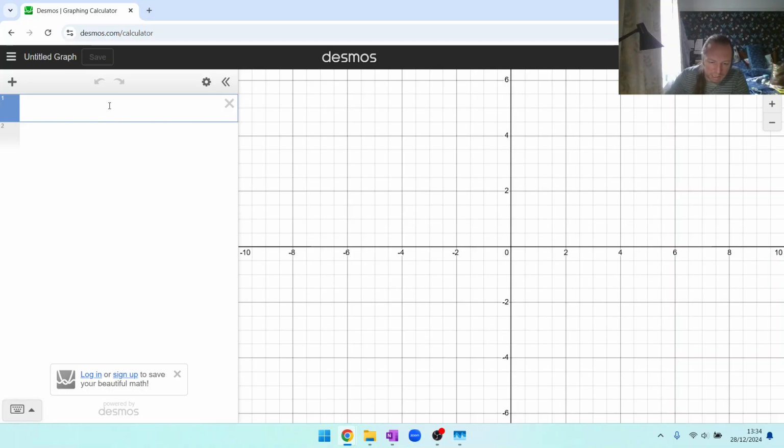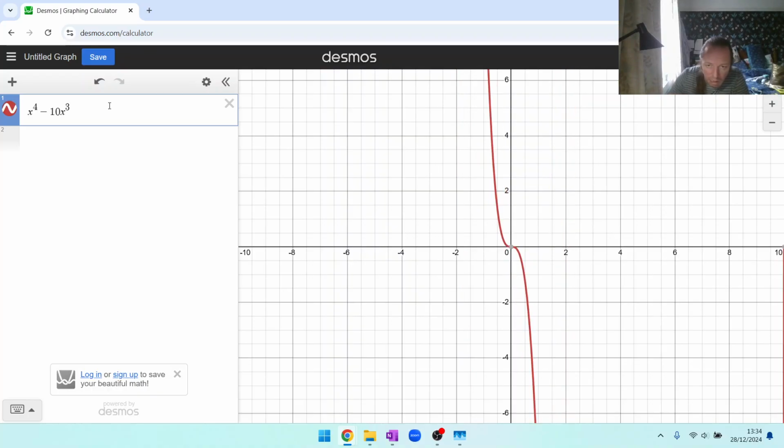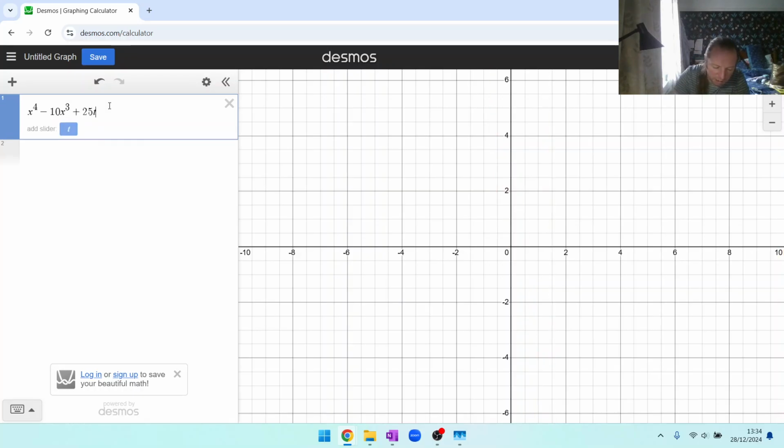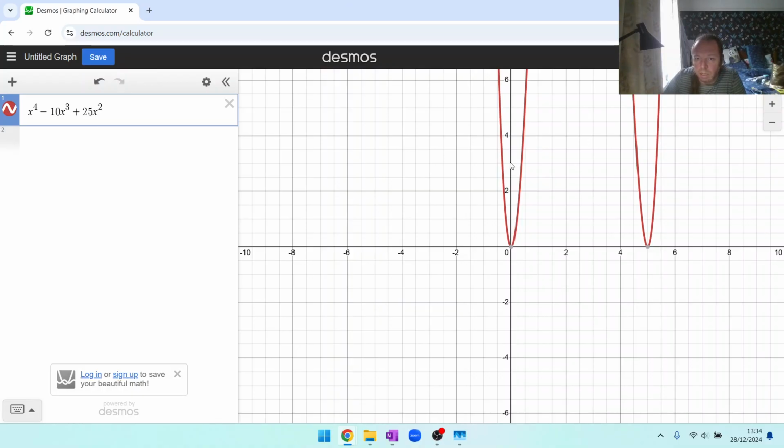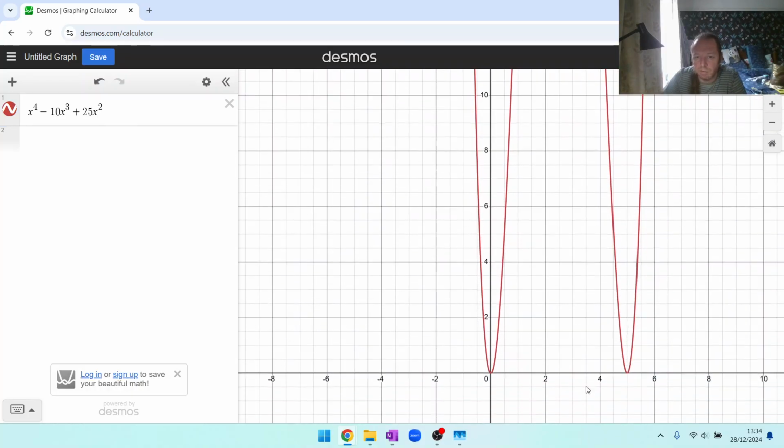And so by putting in that equation, not t but x, x to the power 4 minus 10x cubed plus 25x squared, you can see there between 0 and 5 is the only place that it gets a positive value.